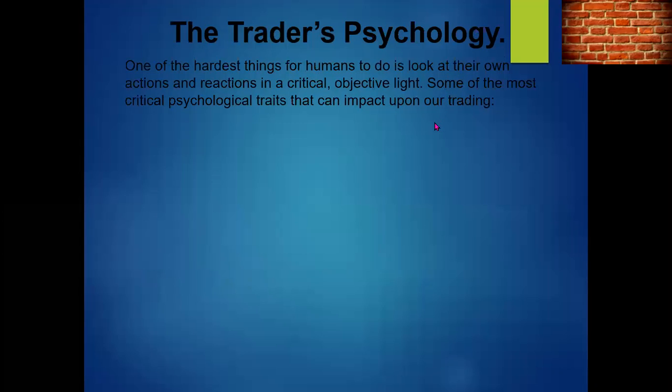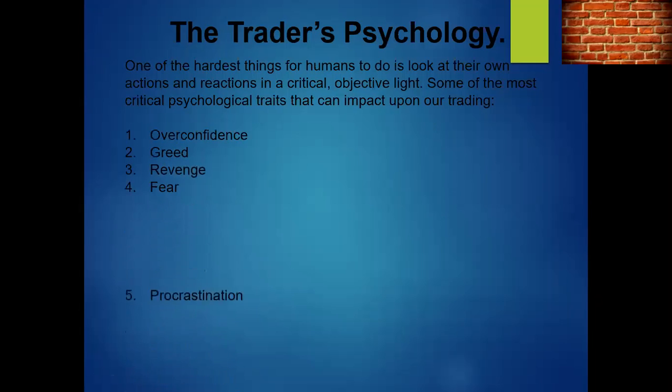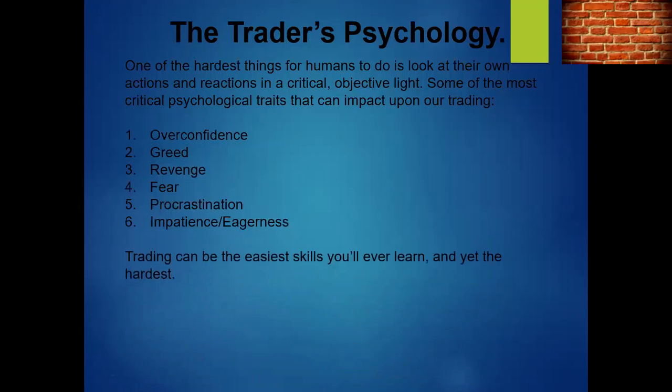It is really difficult sometimes to remain objective, to separate our emotions from our actual trades. So it can be difficult to separate our emotions, to adopt emotional intelligence when we're trading, to view it as a business.